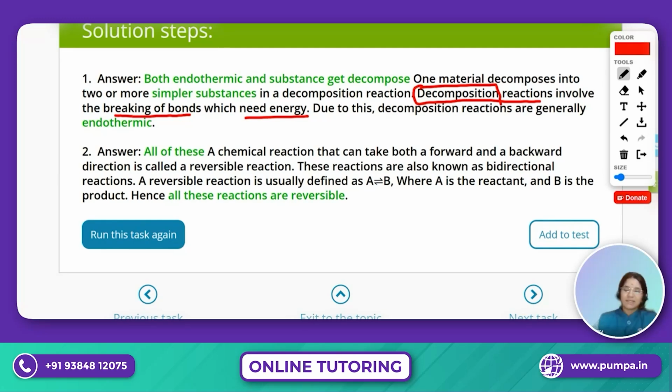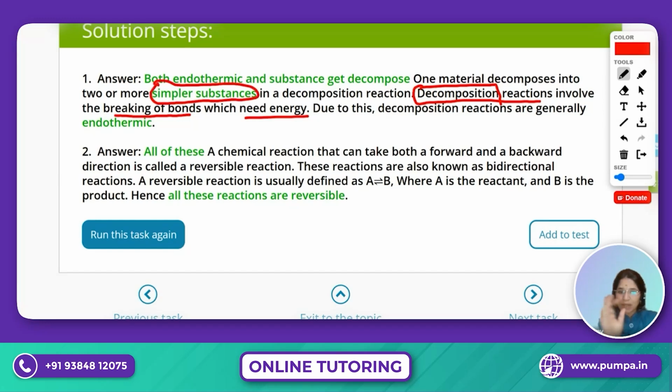Yeah, it will be changed. How does it change? What process? It changes into simpler substances. So what process happens there? Decomposition. Yes, decomposition is breaking down a big substance into simpler substances, two or more simpler substances.